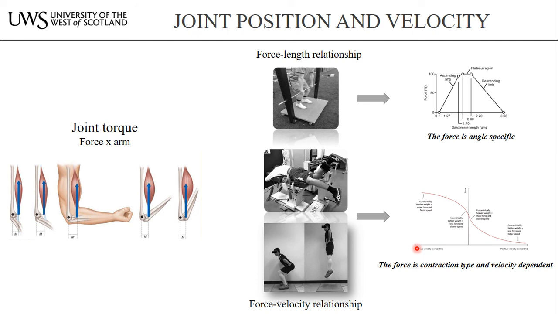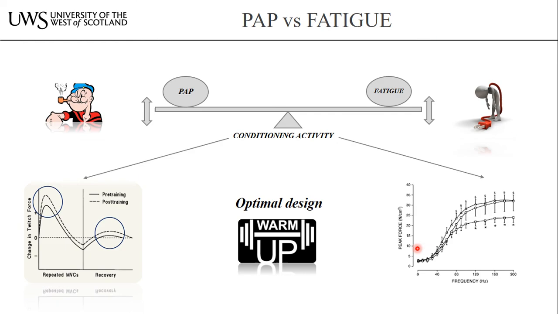We can either perform this exercise at low speed or at high speed. So the general rule to remember is that the higher the speed of movement, the lower will be the force production. Or actually, the lower the speed, the greater the force production. So there is a linear inverse relationship between force production and velocity of movement.